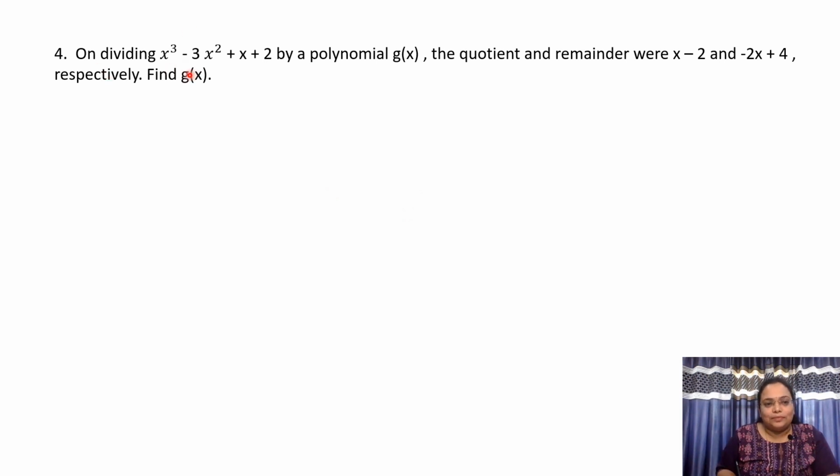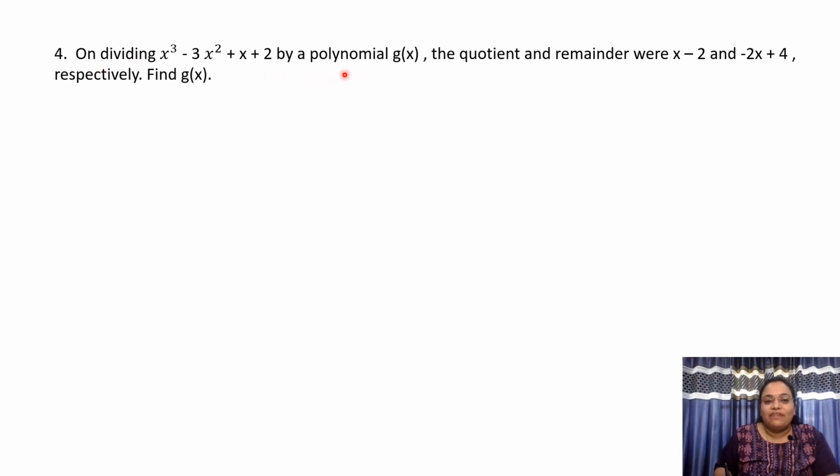Next problem. On dividing x³ - 3x² + x + 2 by a polynomial g(x), the quotient and remainder were x - 2 and -2x + 4. So this is the polynomial he has given.